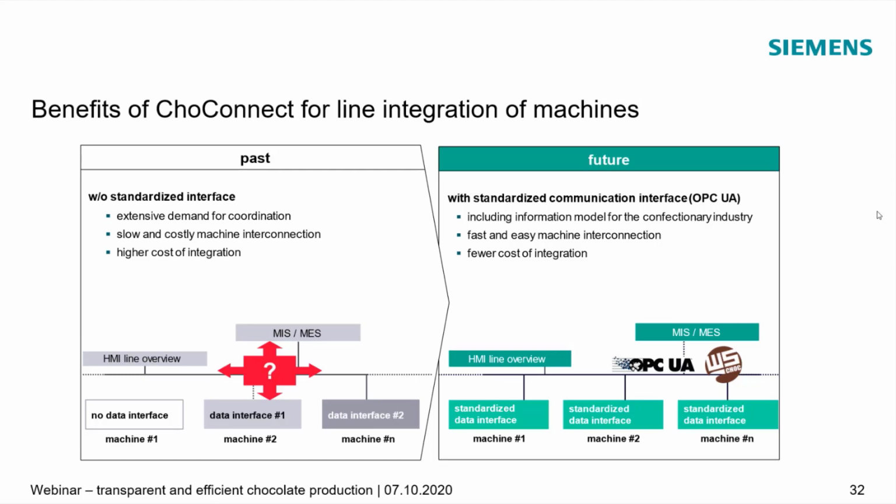We strongly believe that with Weihenstephan and ChoConnect we can reach the same level of integration efficiency as we have today in other segments, for example in the beverage industry. Whoever delivers the inspection, filling or labeling machine, the data interface is well defined and does not need to be discussed any further. This makes the life of many breweries and soft drink manufacturers easier.